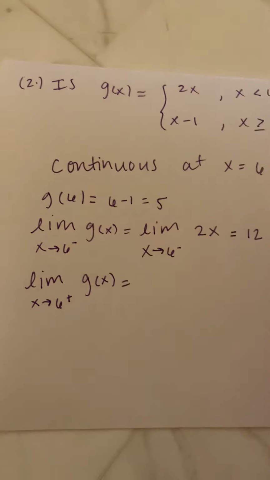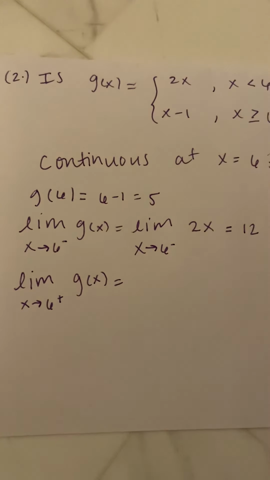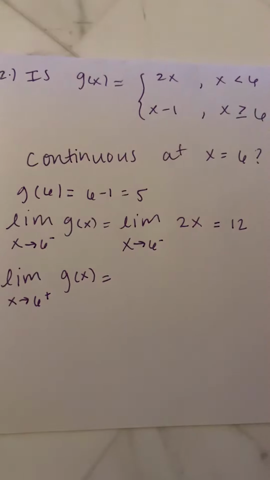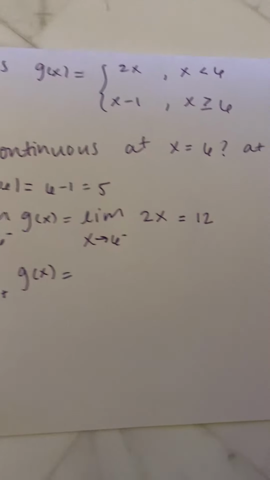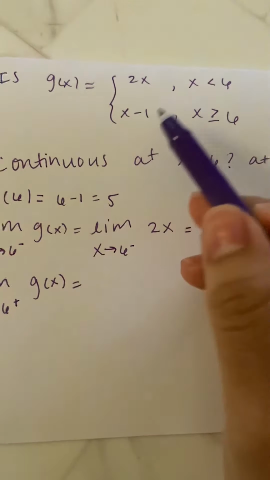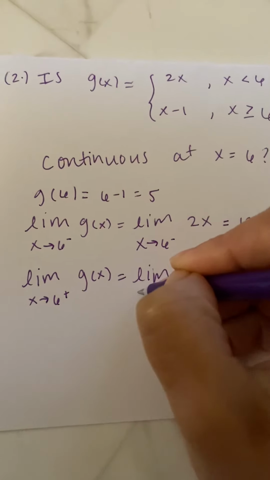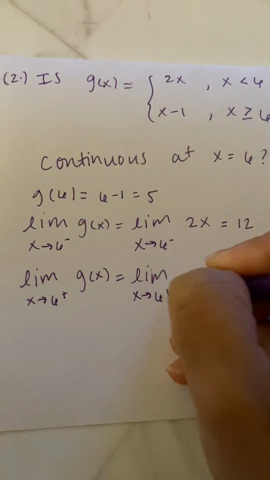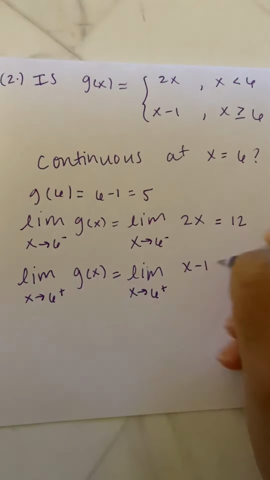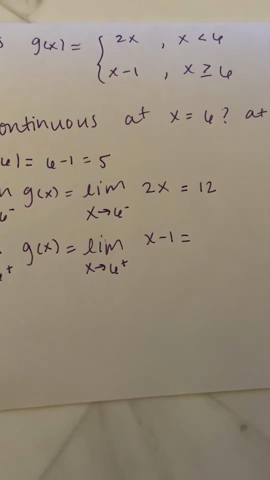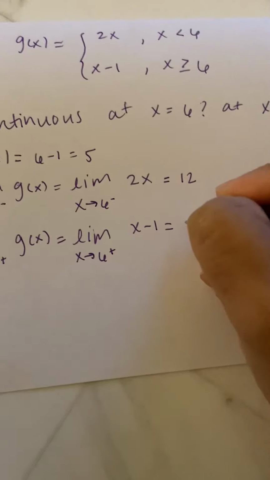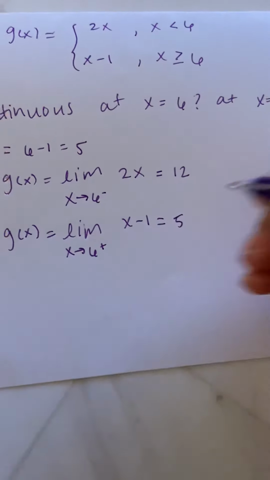Now let's do from the right. Well, what equation fits 6 from the right? So all the numbers to the right of 6. That'll be the bottom one, right? x minus 1. So I'm going to go ahead and do the limit as x approaches 6 from the right of x minus 1. And then just do direct substitution, plug in 6, and I get 5.